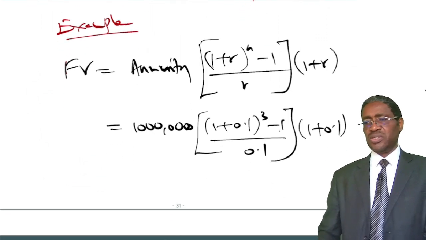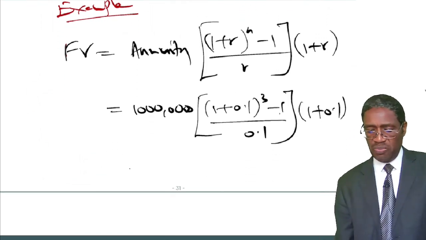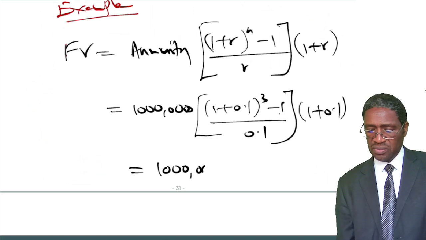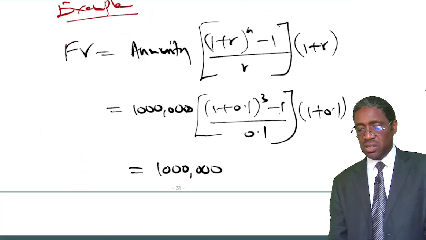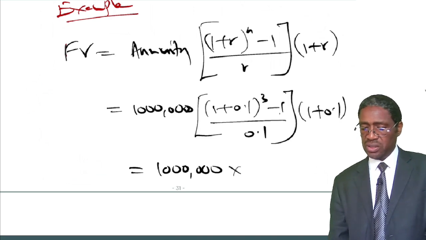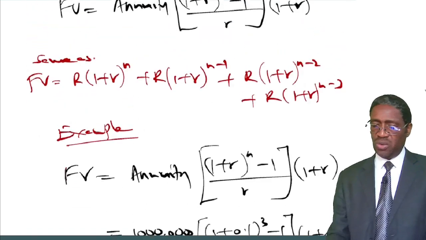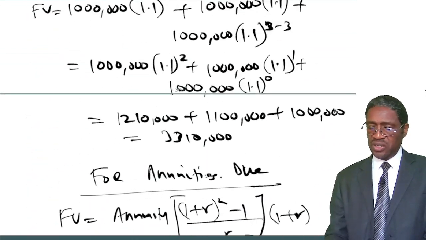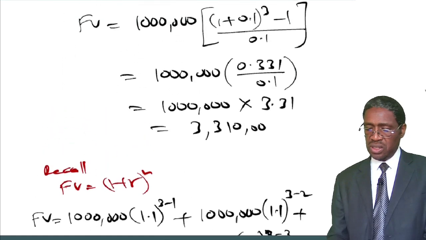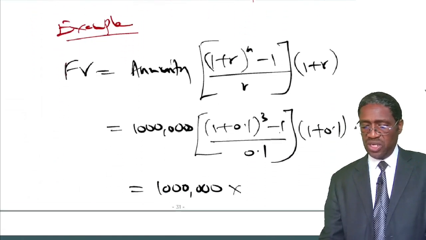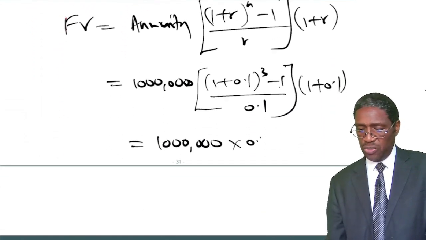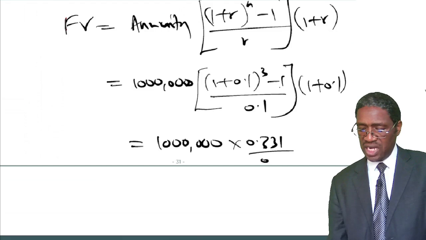Good. Let's see. This will be 1 million. You remember what we got in the bracket was 0.331. I divided that by 0.1. Then we shall now multiply everything by 1.1.